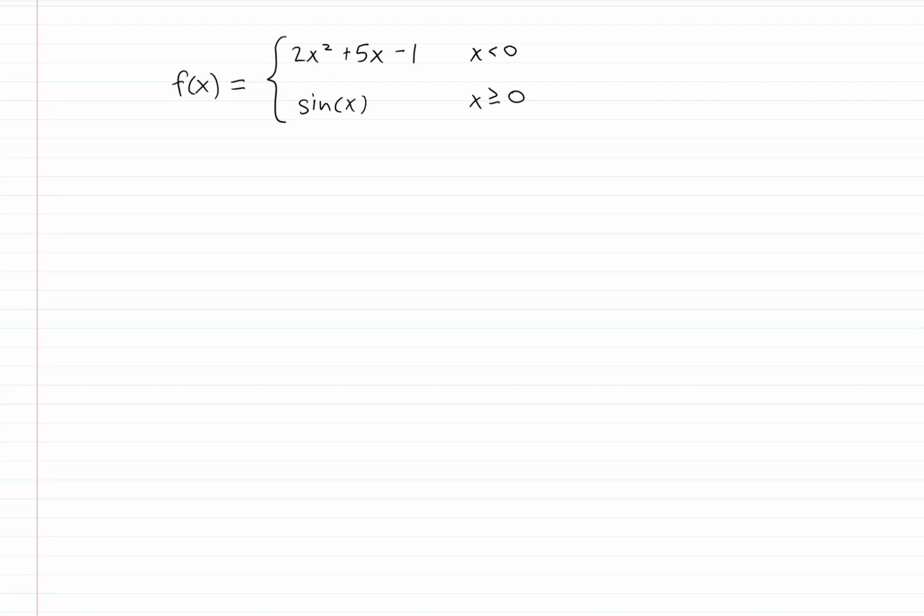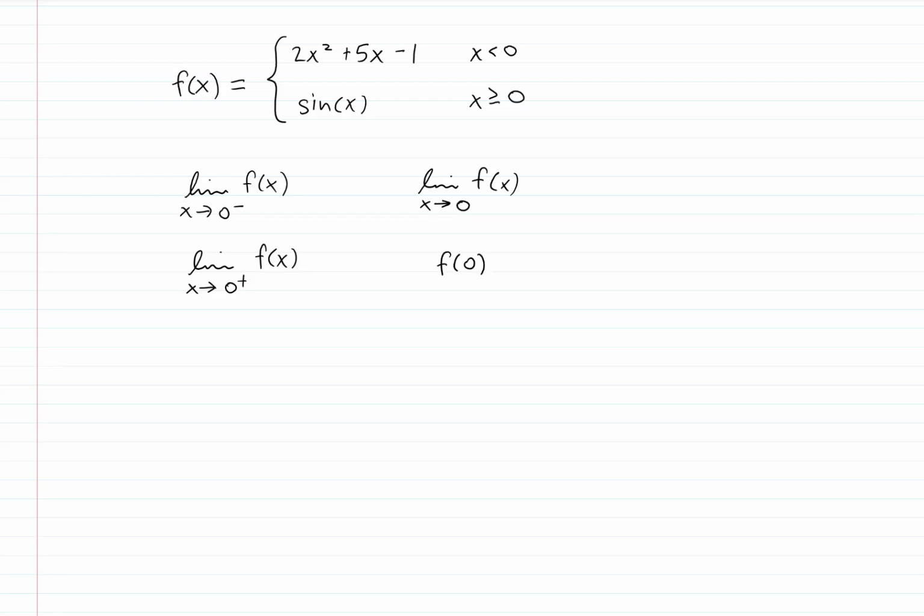And we're not going to draw the graph, but we are going to find the limit of f of x as x approaches 0 from the left, and the limit of f of x as x approaches 0 from the right, and the limit of f of x as x approaches 0, and f of 0. Let's find those 4 things.